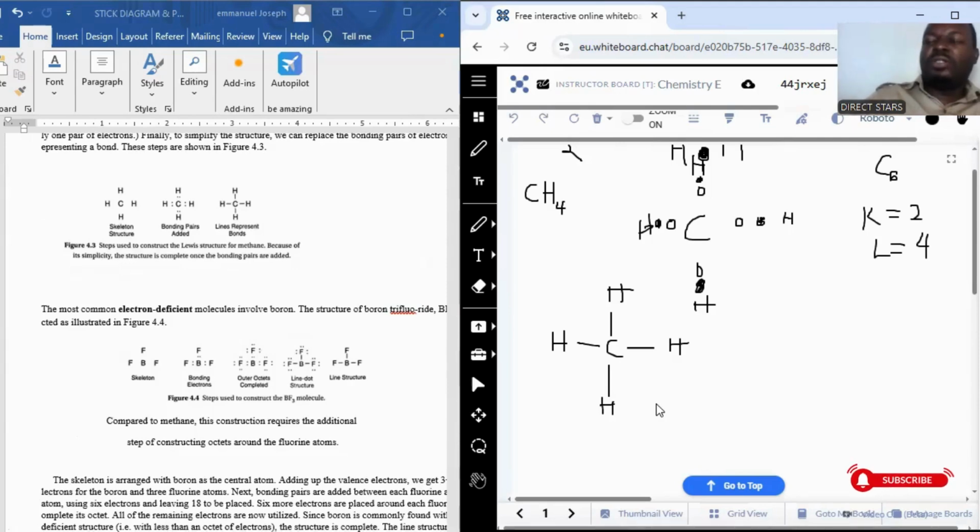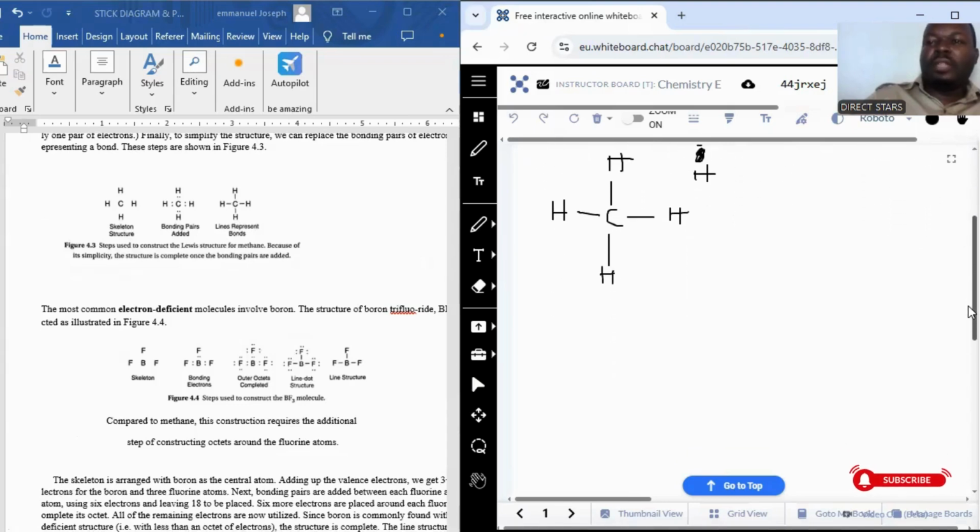It's a double bond, triple bond, or single bond that exists between the atoms in the molecule.